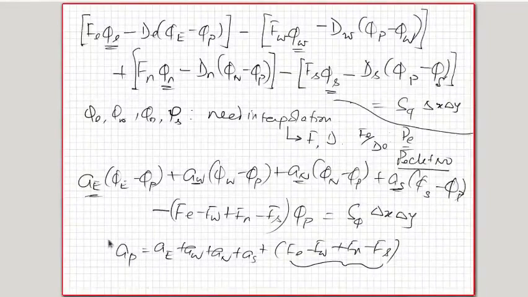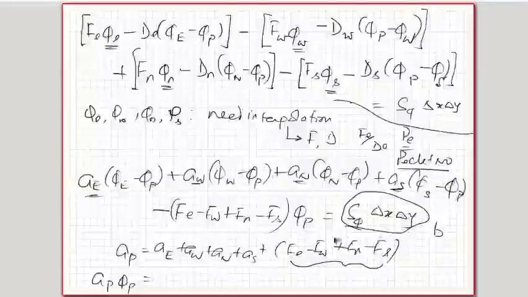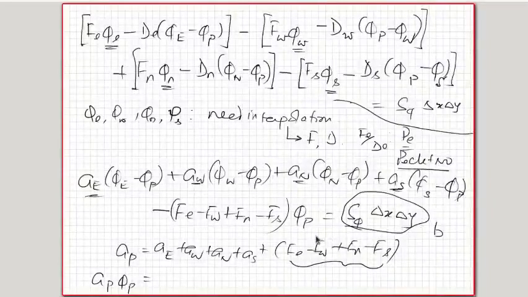So if I use this, then I can say AP phi P is equal to, I can call this B. Actually I should have gotten this whole thing with a negative sign, so then the sign convention is not a problem.